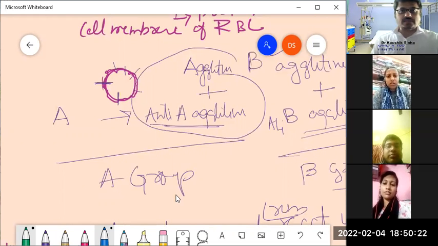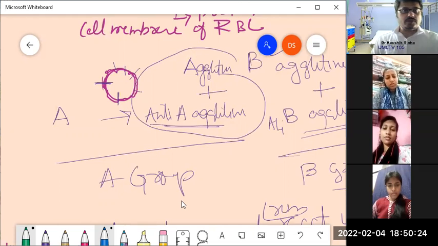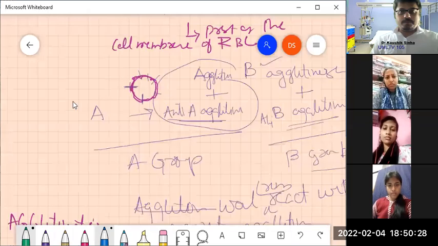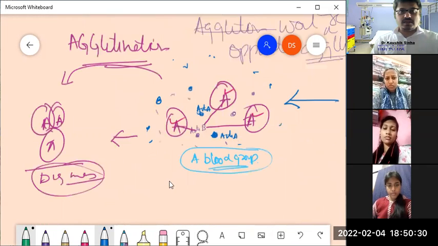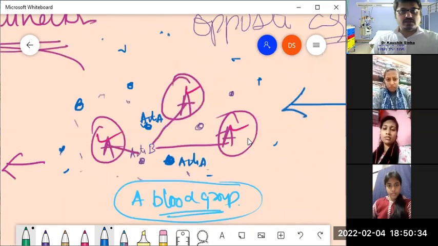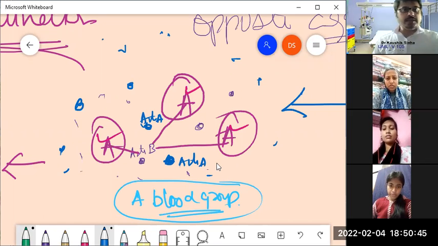That comprises the entire blood group, A group. Okay. So if I picturize that, I am having this A agglutinogens. These are present on the RBCs, that is the cells of the blood. And in the plasma of that blood, we are having in these blue colored dots the anti-A agglutinins.